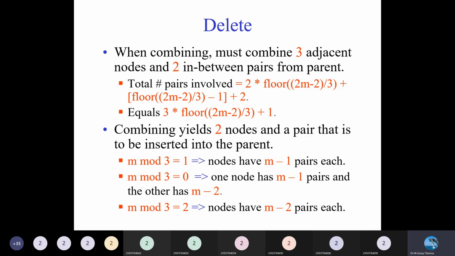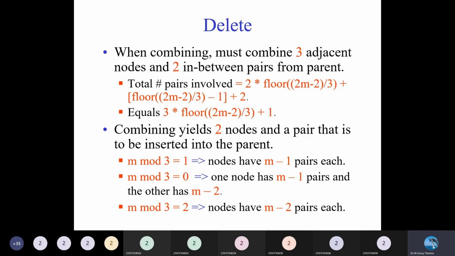So total pairs involved equal to 2 into floor of (2m minus 2) divided by 3, plus floor of (2m minus 2) divided by 3, minus 1, plus 2. So we get 2 as the pair values involved when we are deleting in this kind of scenario.